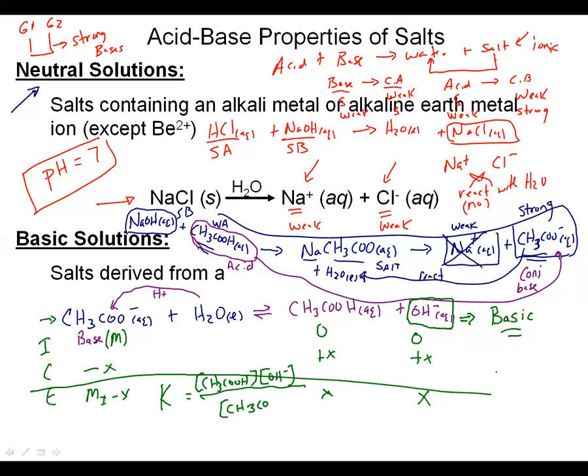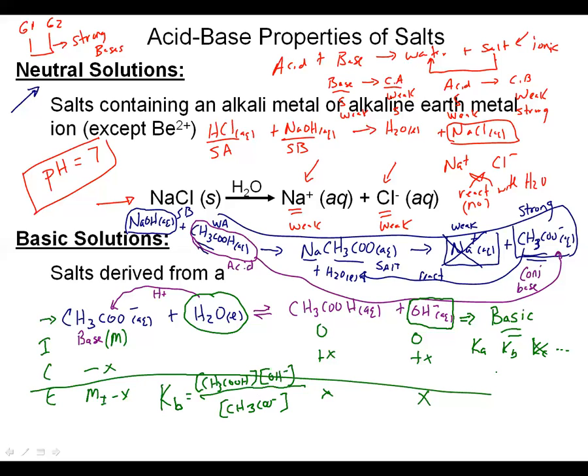You don't include the water as it's a liquid. Now, when we look at this, should this be a Ka, a Kb, Kc? If you're not sure, this is actually a Kb expression that you're using.